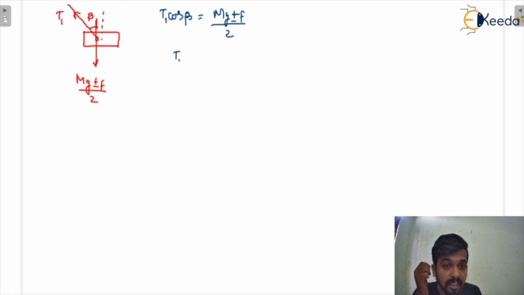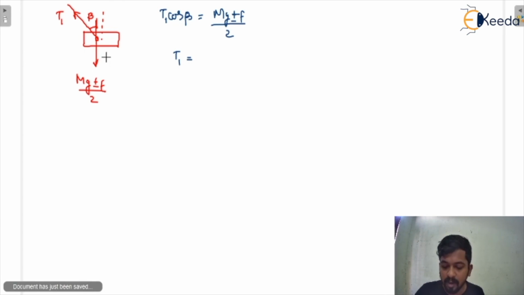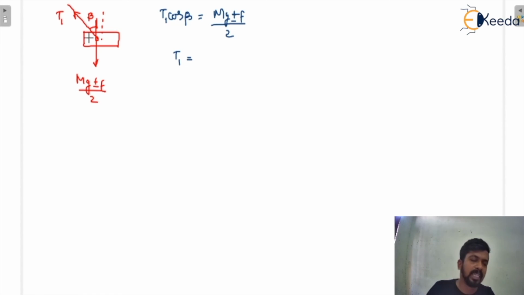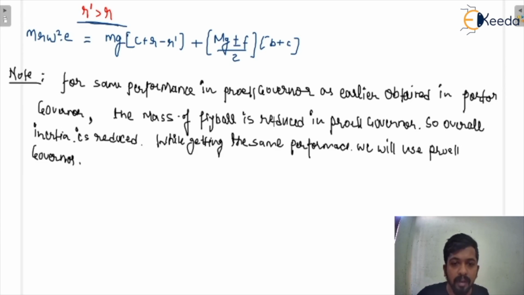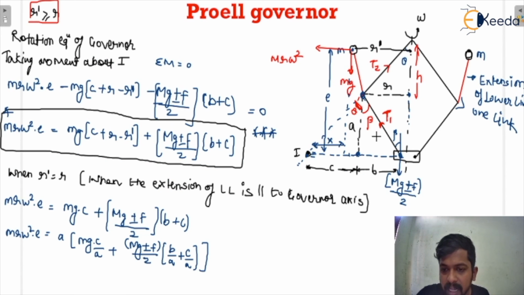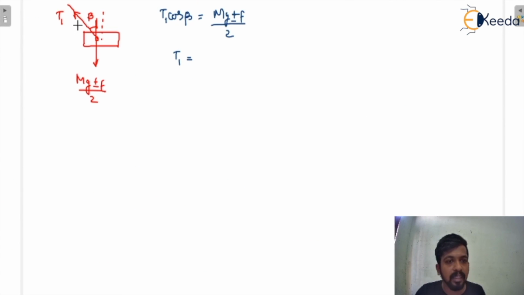From here you can calculate the tension in the arms. When we studied the basic concept of the centrifugal governor, we named these links. This is known as the link and this is known as the arm, so you can learn it as it is. The next would be the arm, in which the tension T2 is working. That means the tension in the link, T1, is equal to (mg plus minus f by 2) divided by cos beta.